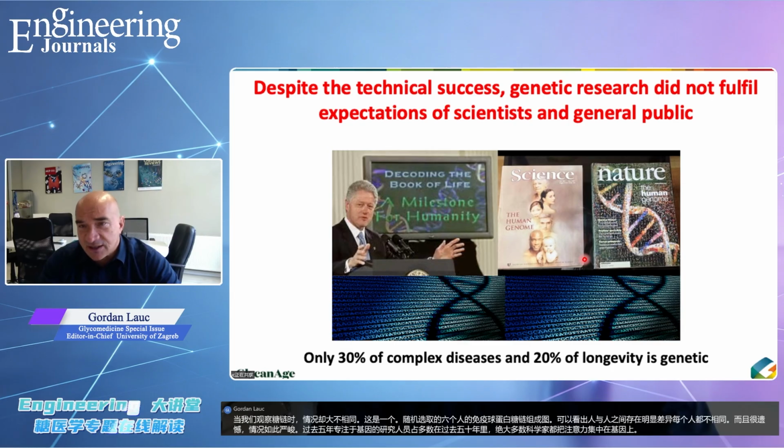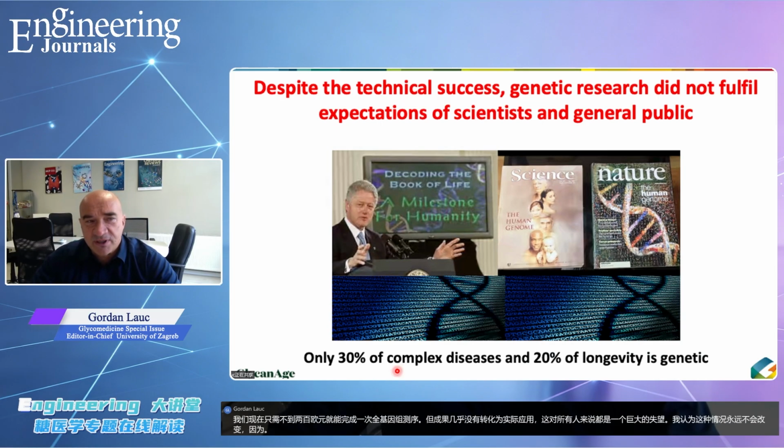And despite the technical success of genome analysis, we can now sequence a genome for less than 200 euros, there has been very little translation, and actually it's a big disappointment for everybody. And I think this will never change, because only about 30% of complex diseases is genetic, and 20% of longevity is genetic, or even less. Some studies say 6%. So we will never understand longevity and diseases by looking into the genome.